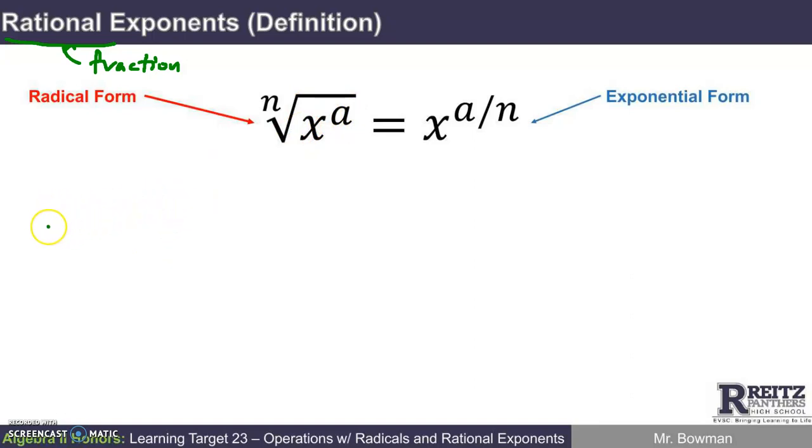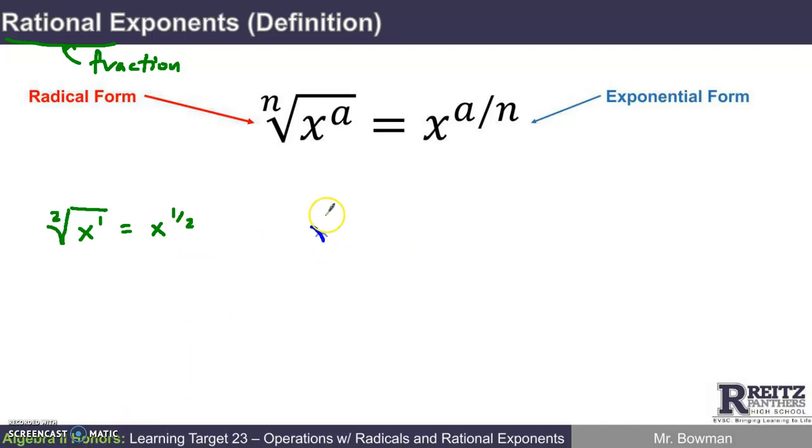If I gave you the square root, you know we don't usually write the index for a square root, but it's the second root. If I gave you the square root of x, well, that's another way of saying, since it's x to the first, that's x to the 1/2 power. Here's another example.